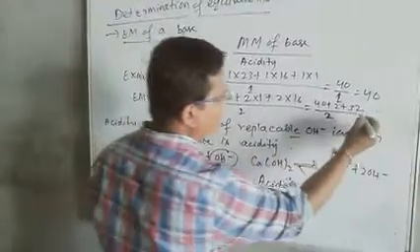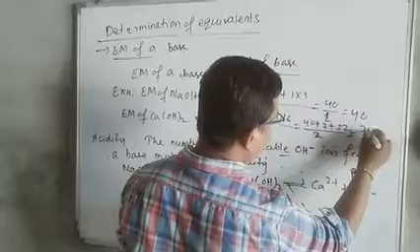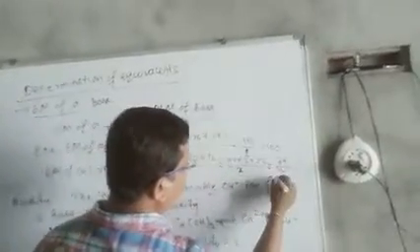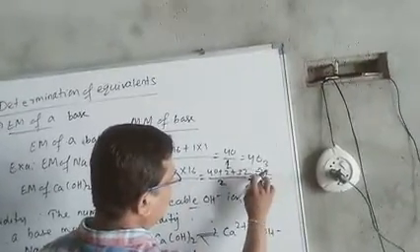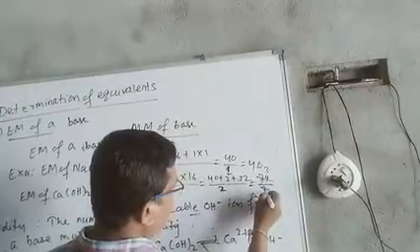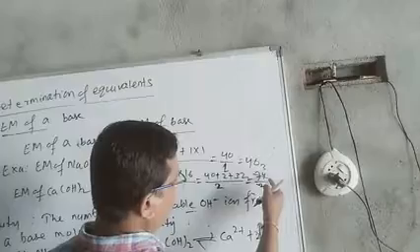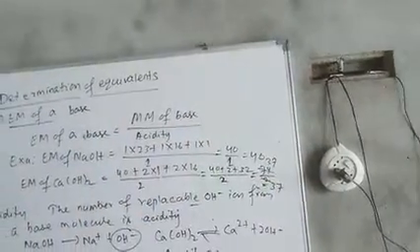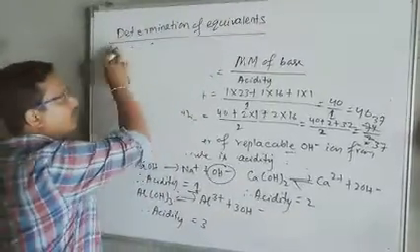Now what is the value? 40 plus 34 is 74, divided by 2, that is 37. 37 is the equivalent mass of calcium hydroxide, that is, the equivalent mass of a base.